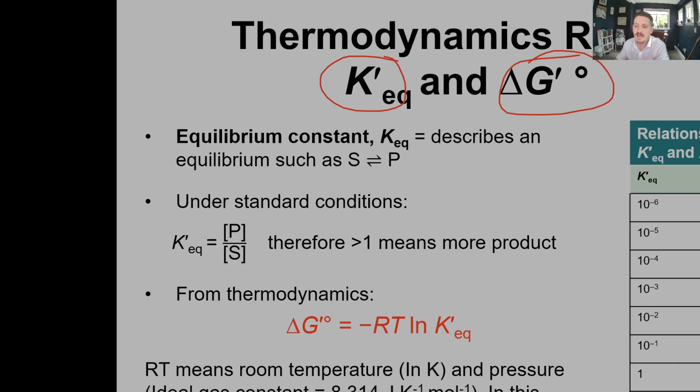Okay, so if we have a chemical reaction of substrate to product, like I said, the equilibrium constant is given by K, and K is equal to the concentration of product over substrate.